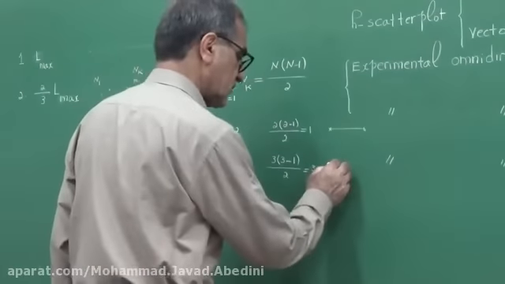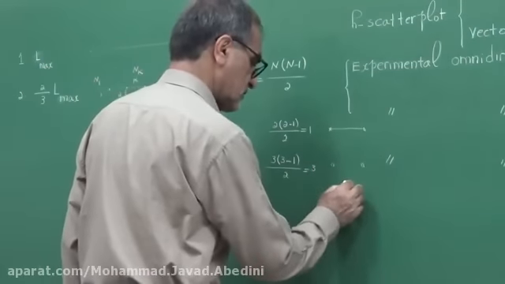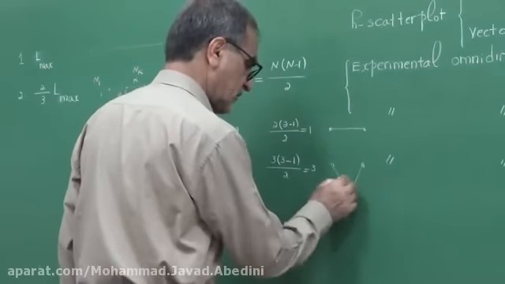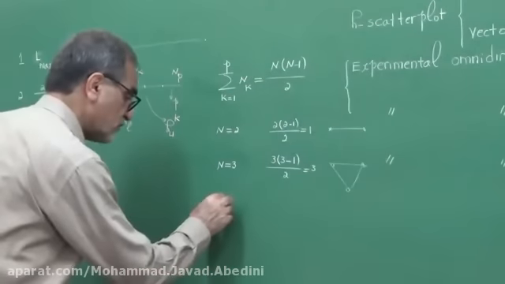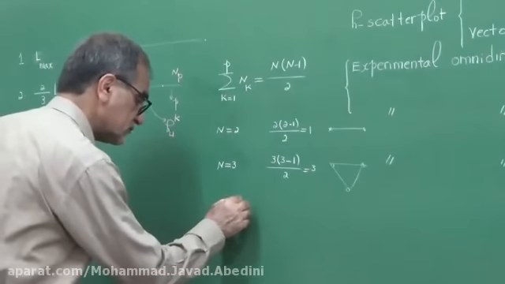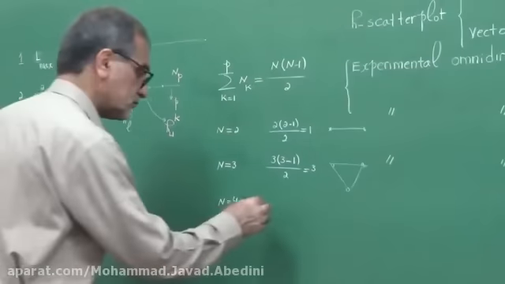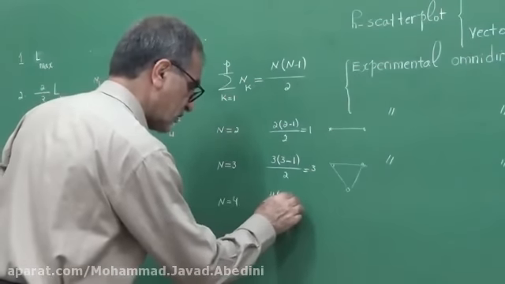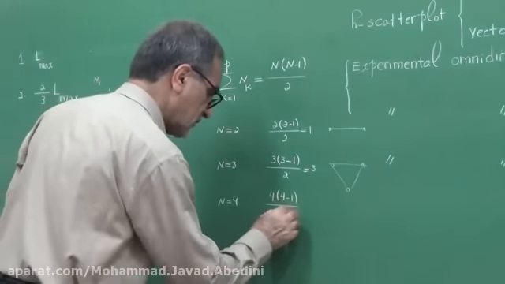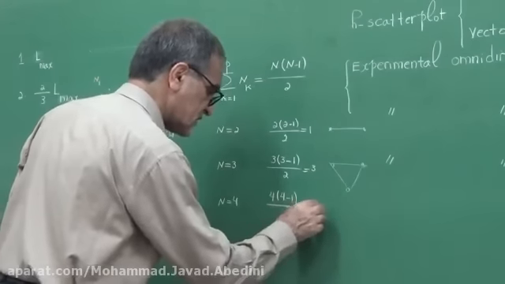If you have 3 data points, then you have 3 pairs. If n is equal to 4, then you have to put n times 4 minus 1 divided by 2, that will give you 6.